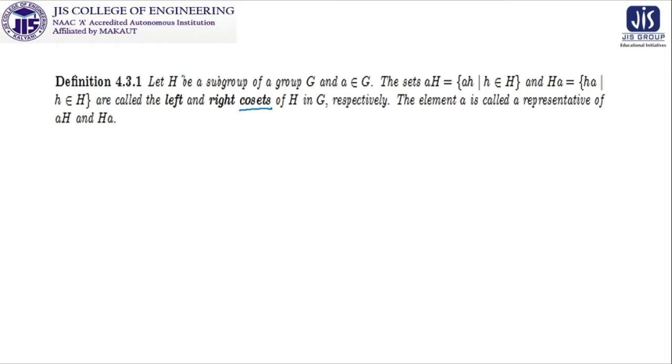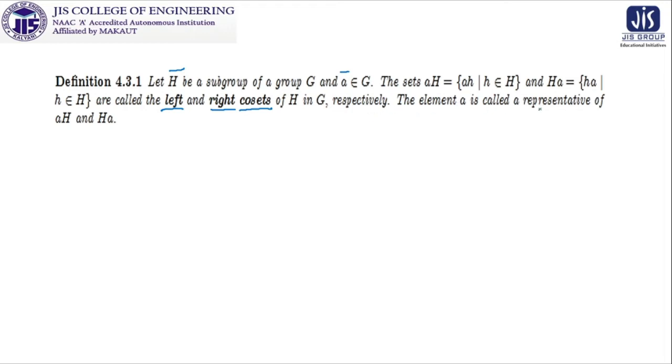If we take a subgroup of a group G as H, and we have one element a in G, then the set aH is defined as a composition h, where h is in capital H and a is taken from G. Similarly, Ha is defined as h composition a, where h is in H. These two are called the left coset and right coset respectively.